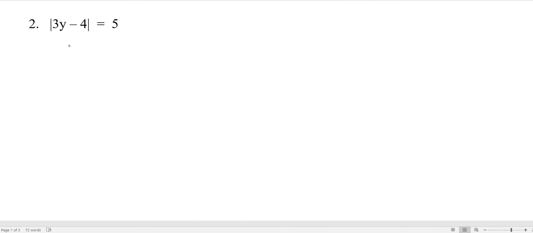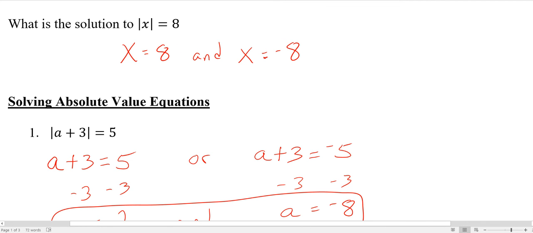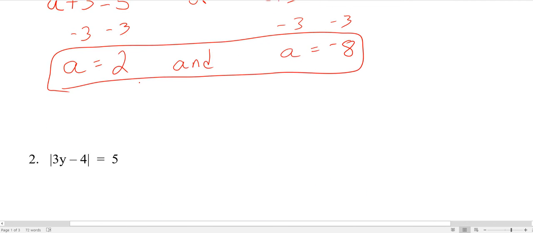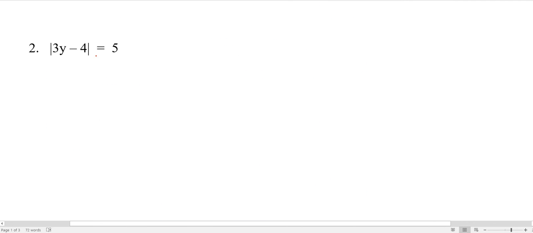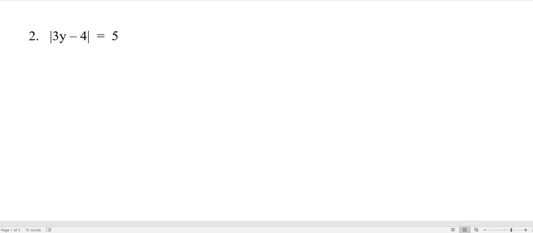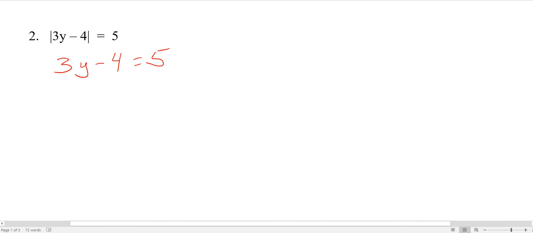All right, so whatever is inside the absolute value sign, in this case 3y minus 4, is going to be equal to 5, which is the constant on the right side of the equation.